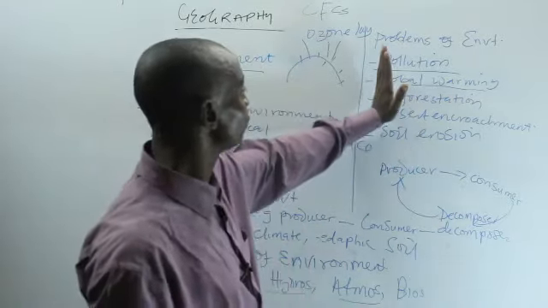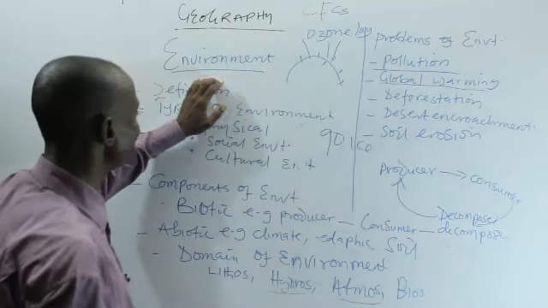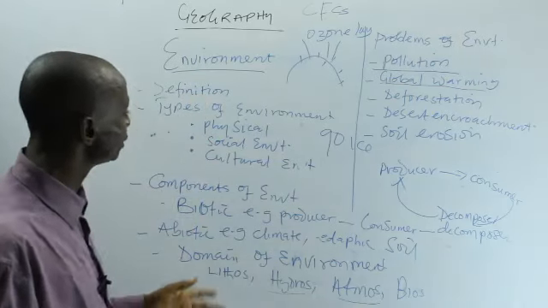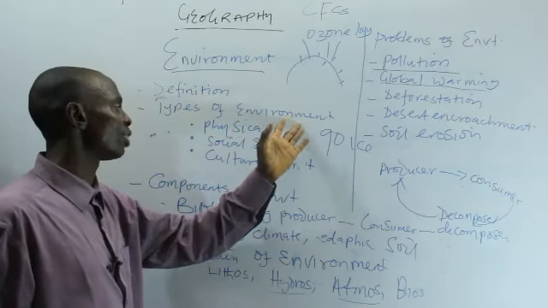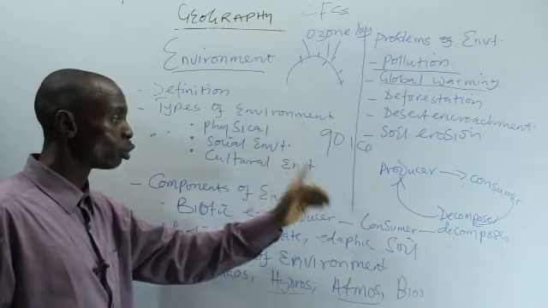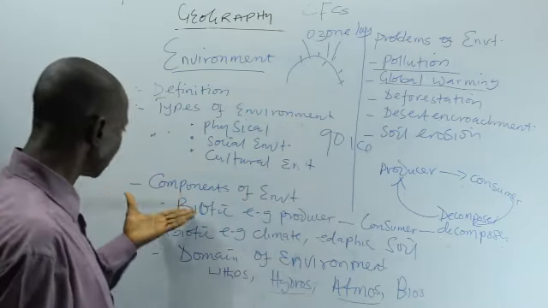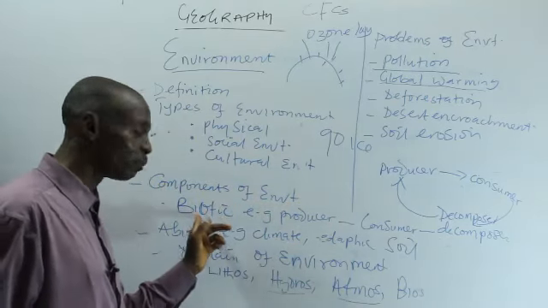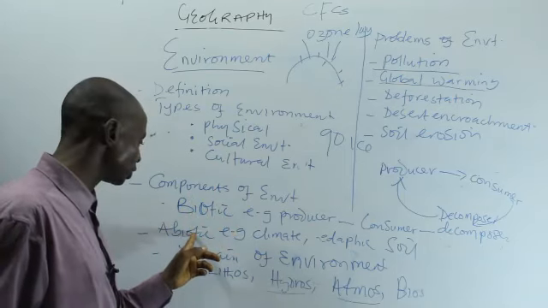So we have discussed what environment is. We say that environment is our surrounding. Look at the types of environment: the physical environment, social environment, and cultural environment. Then we look at the components of environment, divided into two. We have biotic and abiotic.